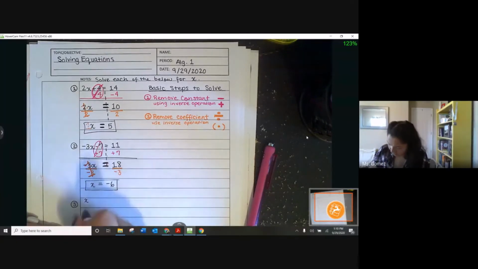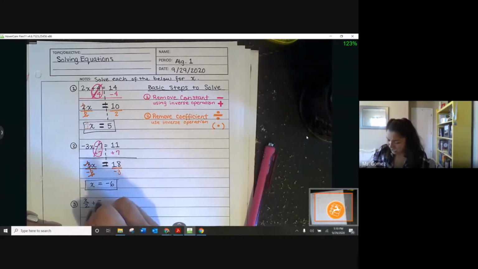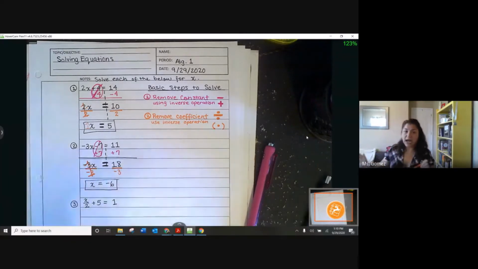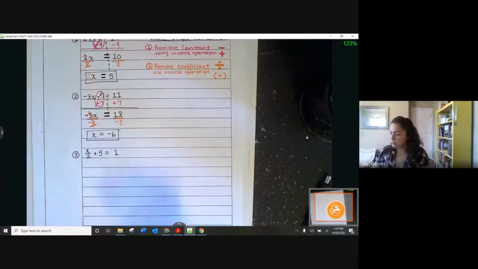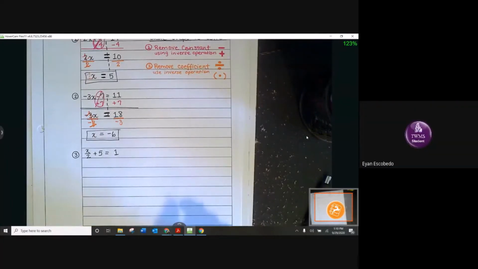This one looks ugly. This says x over 2 plus 5 equals 1. I have confidence, okay? We got our 2 steps. We got this. So step number 1 in pink, removing a constant, so you're going to have to subtract 5 from both sides.